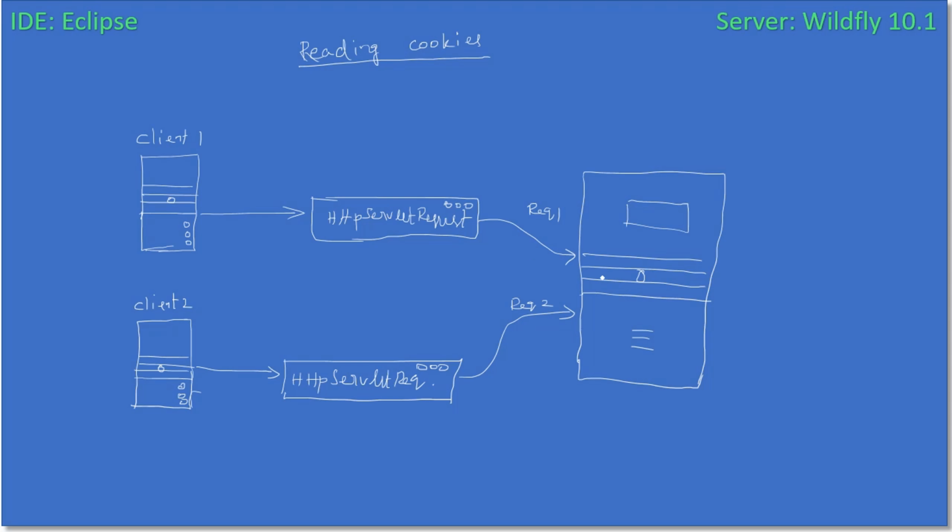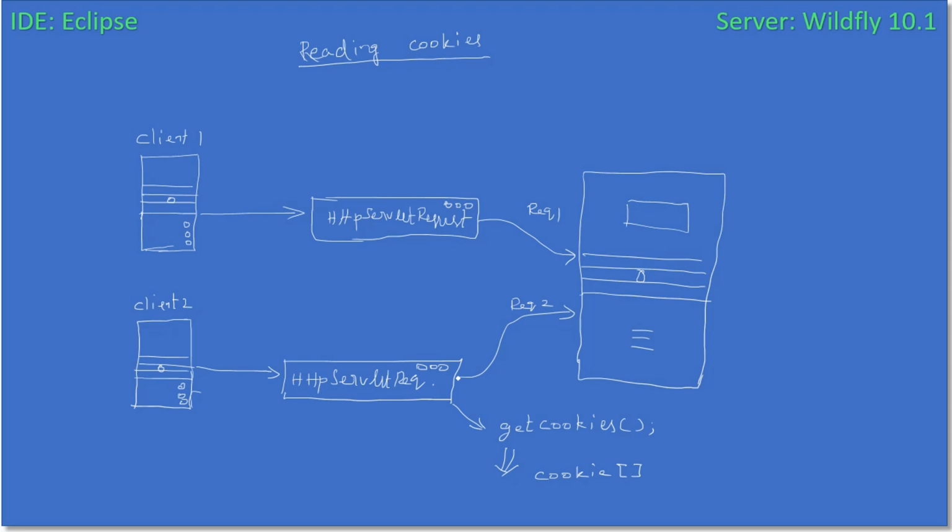So when the server receives it, the server can read those cookies using the getCookies method. It will make use of the HttpServletRequest, and it will make a call to getCookies. So getCookies will return a cookies array. There may be a number of cookies for that specific web domain.